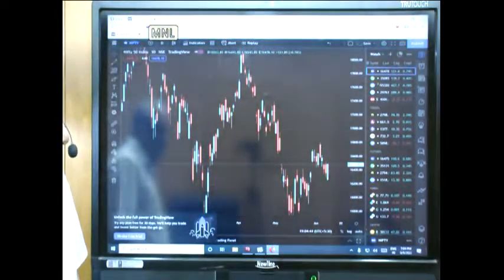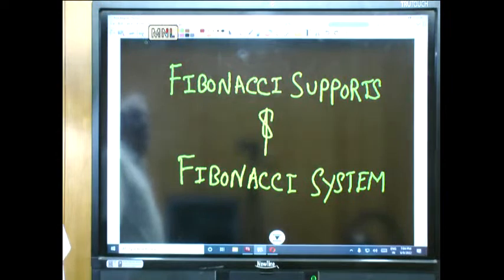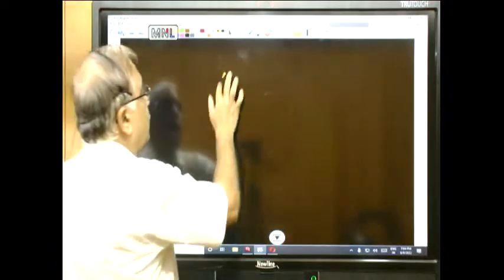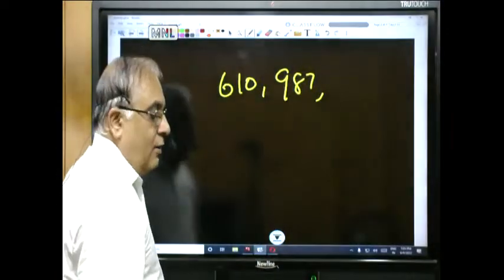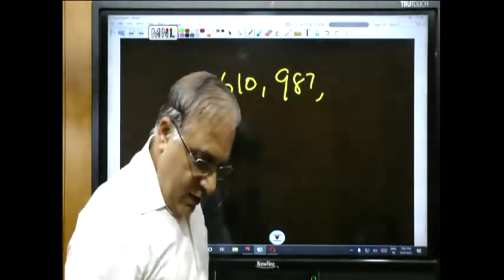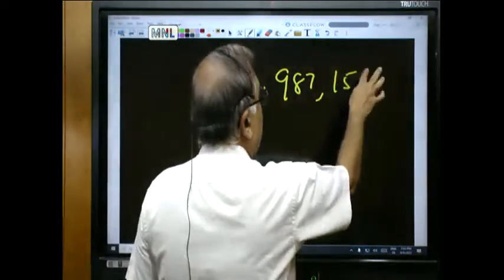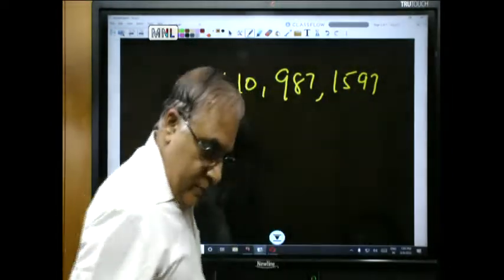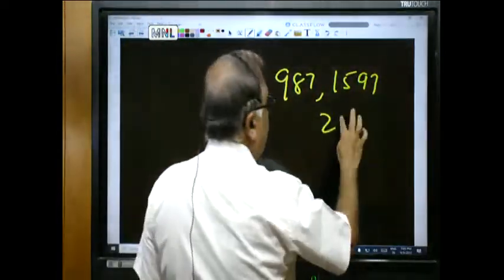Now we'll look at the Fibonacci numbers itself. We mentioned 610 and the higher number 987. So 610 plus 987, we have got 1597, and then 987 plus 1597 gives 2584.